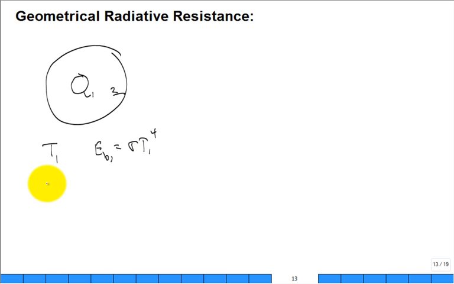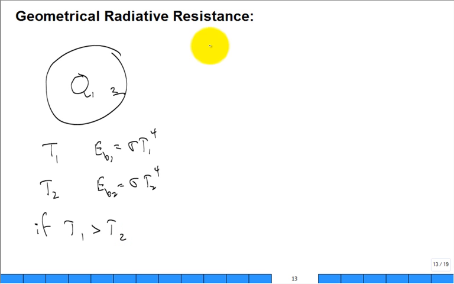If surface 2 is characterized by temperature T2, then you have EB2, which is sigma T2 to the 4th. If T1 is greater than T2, guess what? There's going to be an exchange, a net radiative exchange going between the two, right?